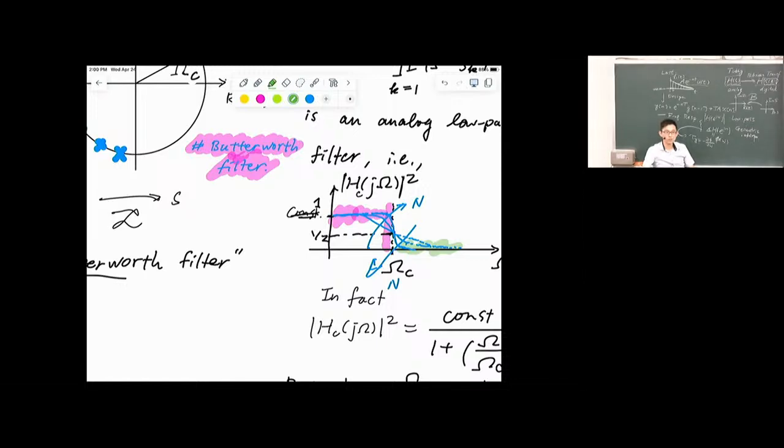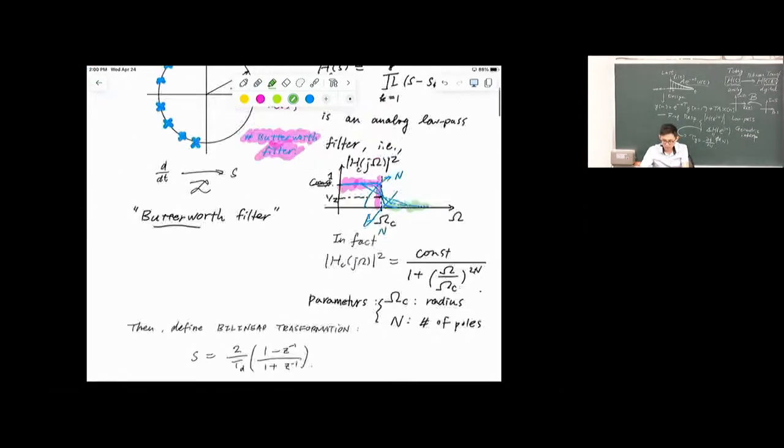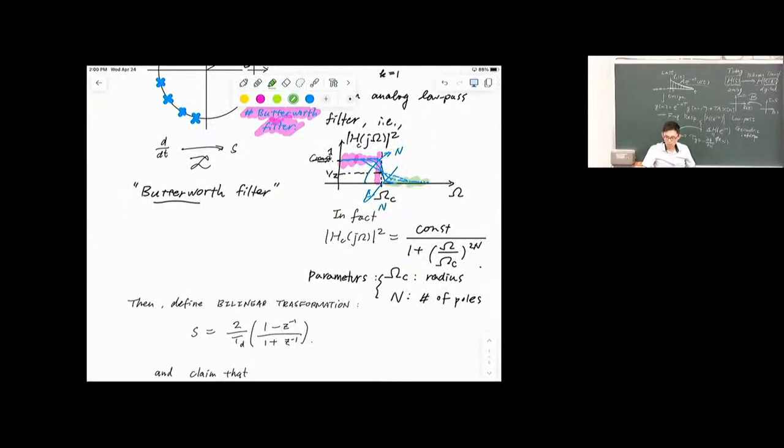But now it's nice that in this Butterworth filter, the order of the filter is going to control how fast we can make the transition. When we need a faster transition, usually that's desired. Usually we desire a faster transition to best preserve the pass band while best rejecting the stop band.